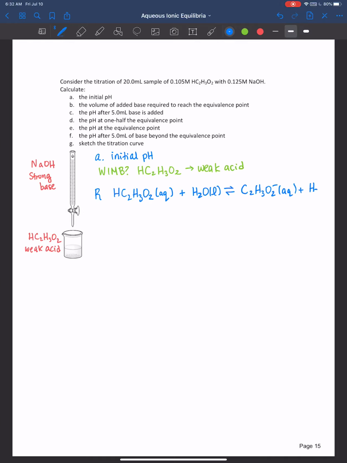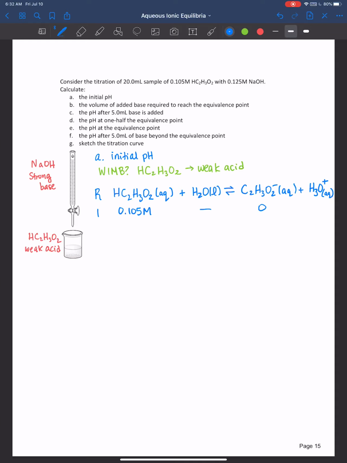So the conjugate acid of water is the hydronium ion. So initially, what do you put into your beaker? 0.105 molar. Remember with RICE tables, when we're working with aqueous solutions, we're always working in molarity.